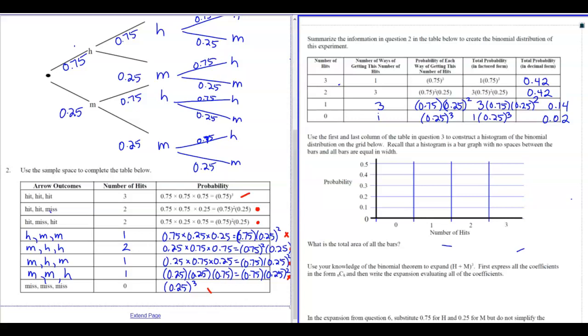So, probability histogram, we did some of these last year. So this one, our labels for 0 hits, that's 0.02. So, about there, just a little bit above. Then for 1 hit, that's 0.14. So, about there. And then for 2 hits, 0.42.